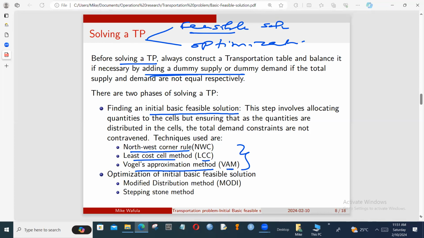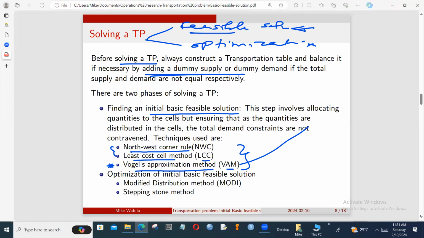The most common ones, I think, are these two. I'll explain why VAM is so special when we discuss it. Because Vogel's approximation method can fall under the determination of the initial feasible solution, but it can also help us find an optimum value to that transportation problem.